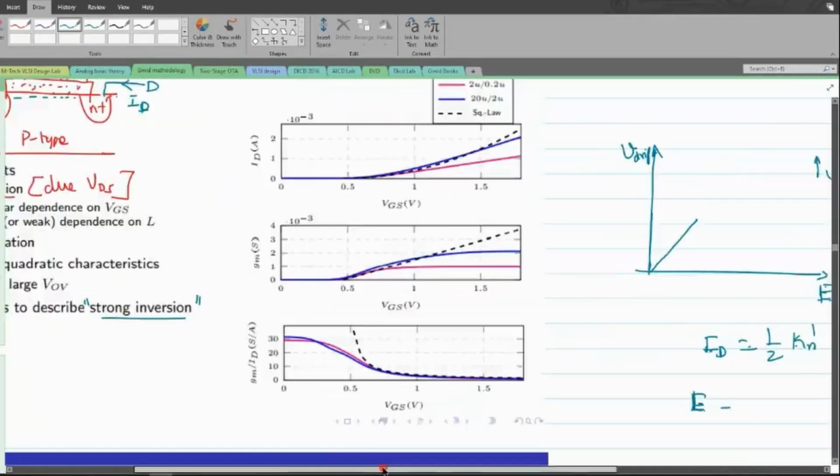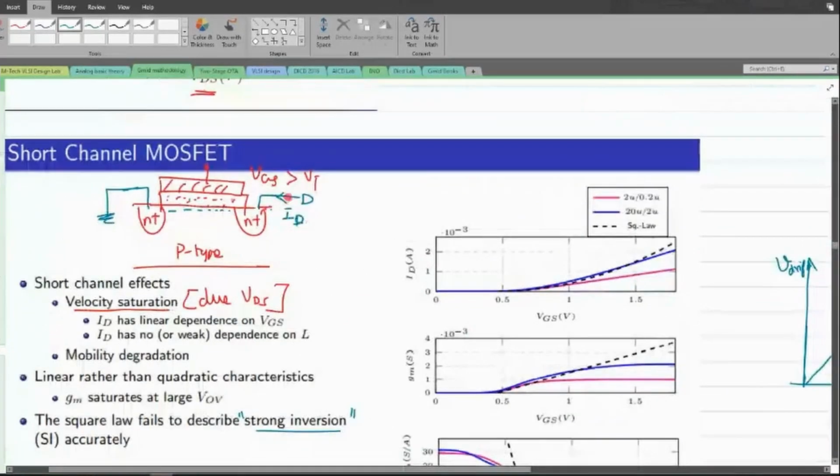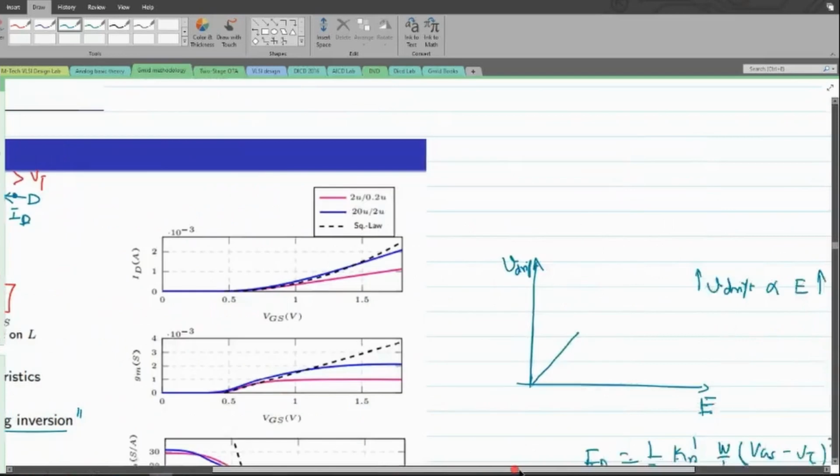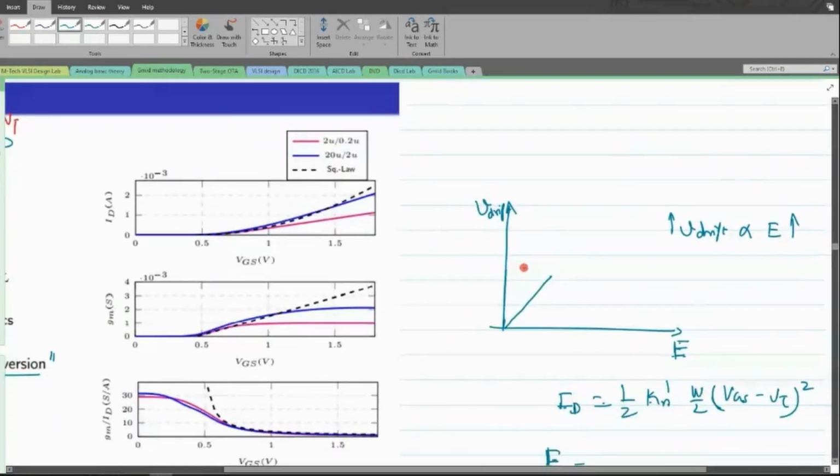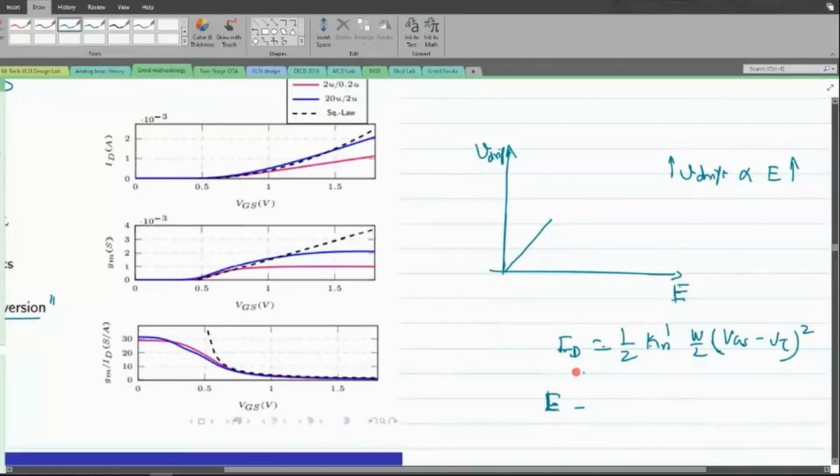Whenever we have a potential difference between the drain and the source terminal, it creates an electric field between these two nodes, and because of it the carriers move from one terminal to the other with a particular velocity, which we call the drift velocity. This entire current flow is derived based on the drift velocity mechanism.